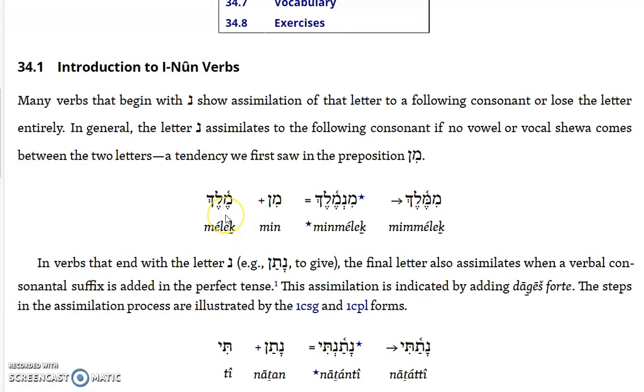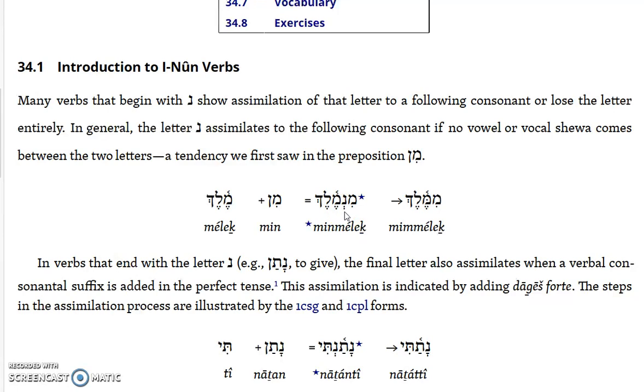So if you take a word like melek, king, and add preposition min to it, you could spell it with a maqqef and make them separate words, min melek. But what will usually happen is that the noon will be pressed up against the mem.